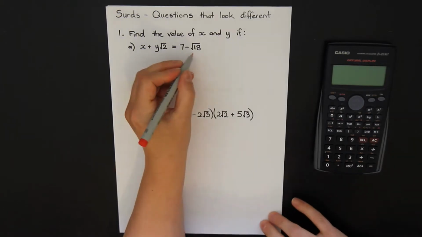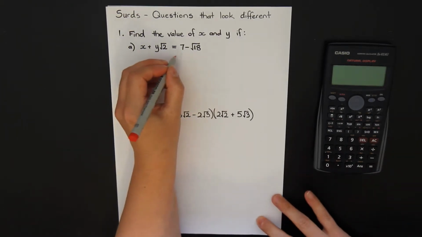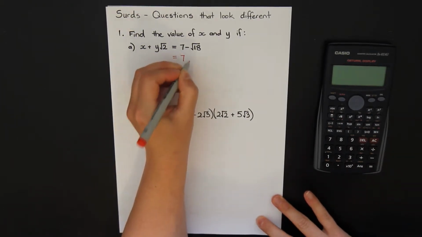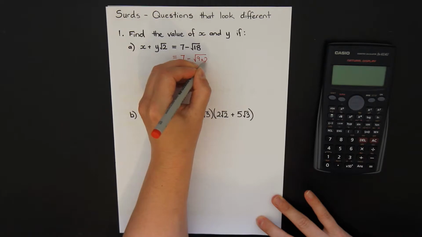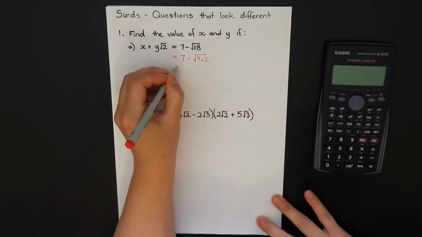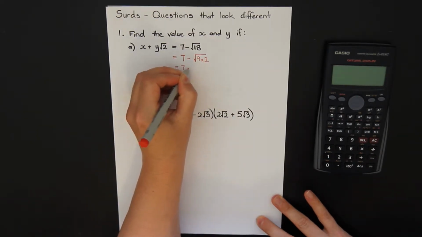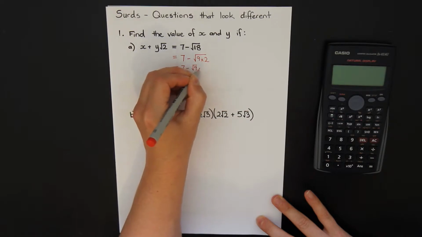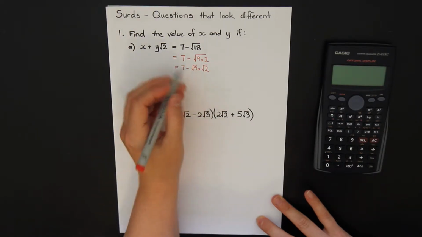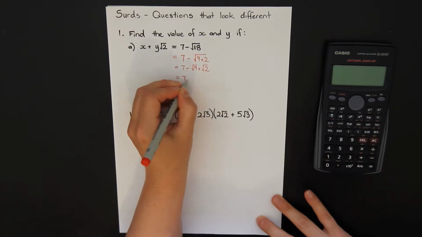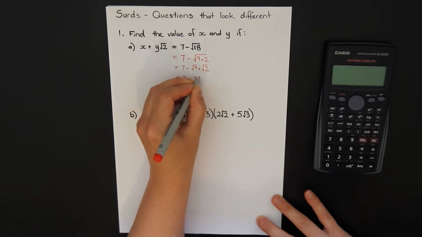So to simplify the square root of 18, I'm going to leave the 7 out the front. 18 is the same as 9 times 2. Then I can split the surd, and then I can square root the 9, which is 3. So 7 minus 3 square root of 2.